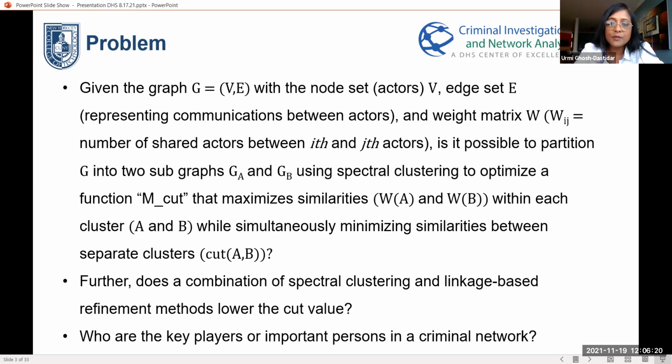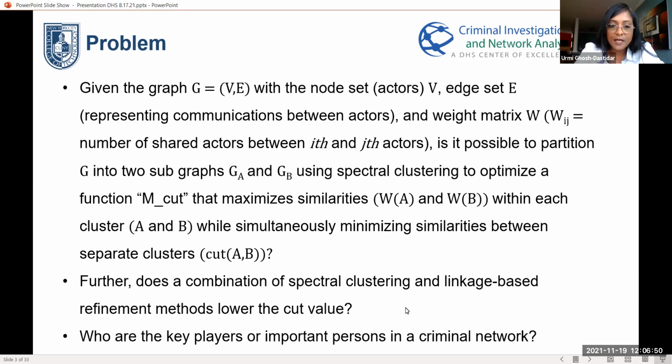So given that network, a drug trafficking network with weighted communication edges, the problem is whether we can partition the graph G into two subgraphs, GA and GB, using a spectral clustering method to optimize a function, MCUT. So we are going to bipartition the graph in a way that maximizes the similarity within the groups, but minimizes the similarity between two different groups, or cuts.